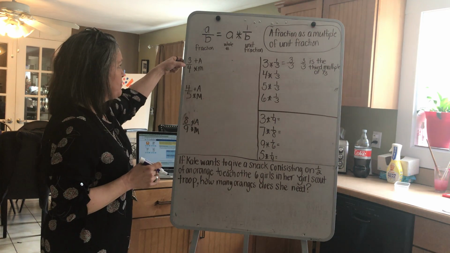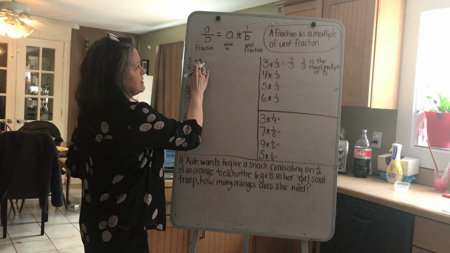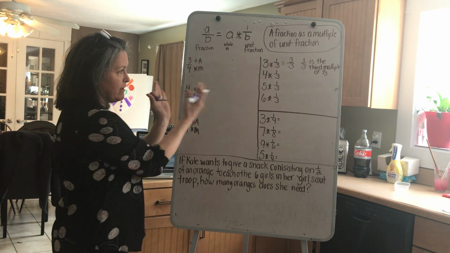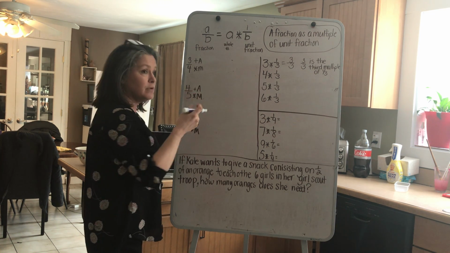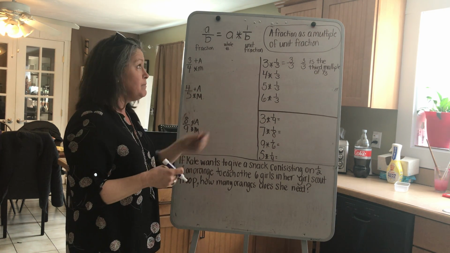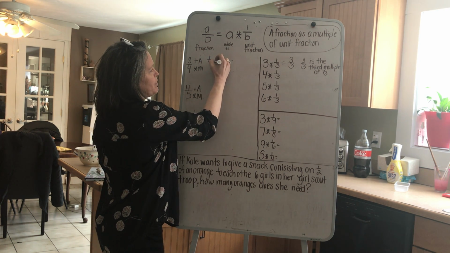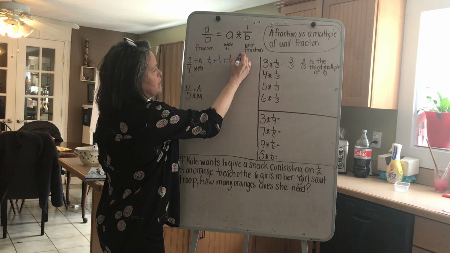So if I were going to take 3/4, and this should be on your math message paper, it will say 3/4 and then it says addition, multiplication. I just wrote A and M because I have limited space here. For addition, we're going to do decomposing again. We're going to decompose it into unit fractions. This is just a review: 1/4 plus 1/4 plus 1/4, and that would equal 3/4.